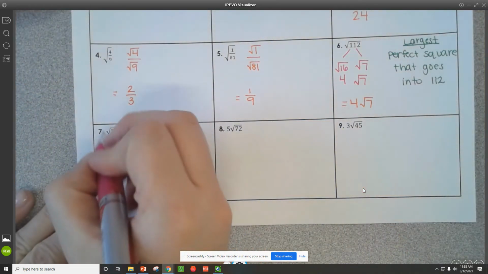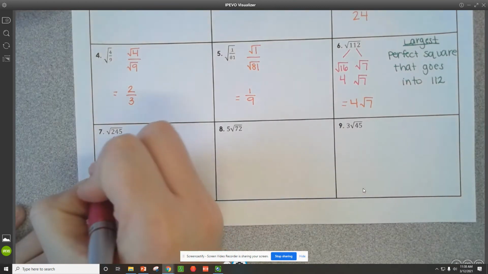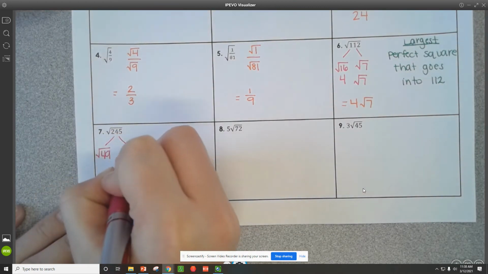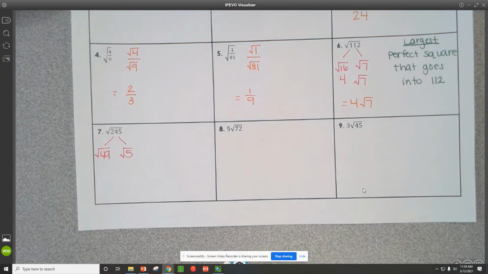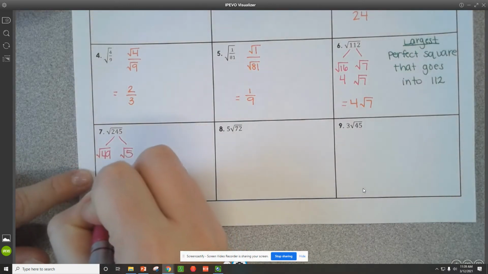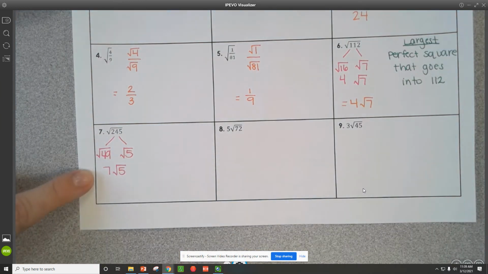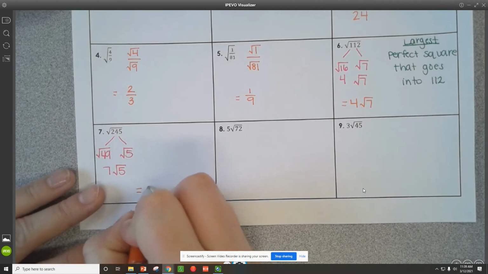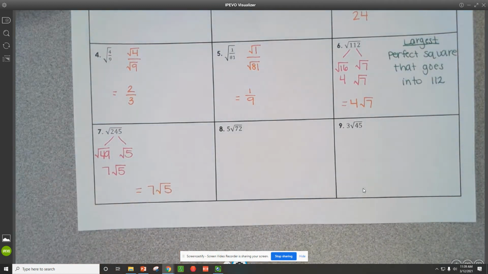So we can break this down into the square root of 49 and the square root of 5, because 49 times 5 is 245. And the square root of 49 is 7. Then we have the square root of 5. So my answer is 7 radical 5.